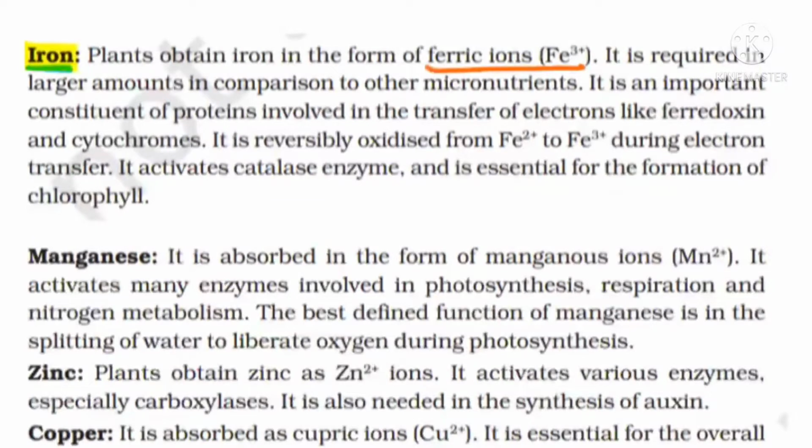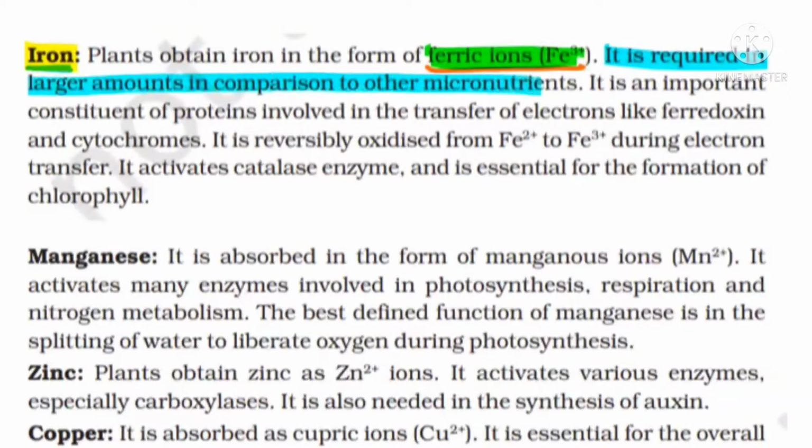Is it clear, beta? Then this is the mineral iron, which, though it is a micronutrient, is required in the greatest amount as compared to other micronutrients. Please, this is again an important question area.